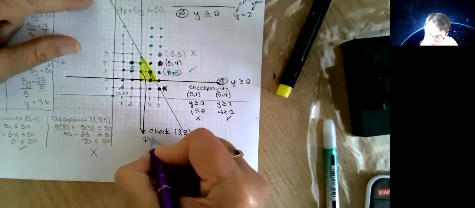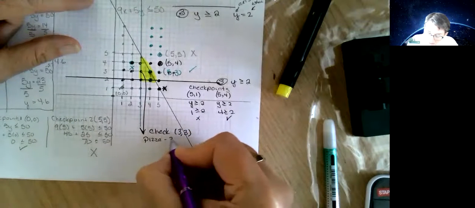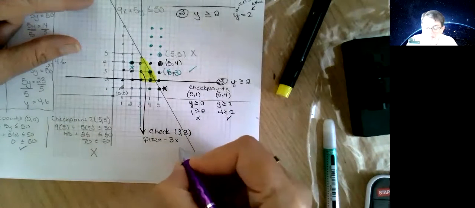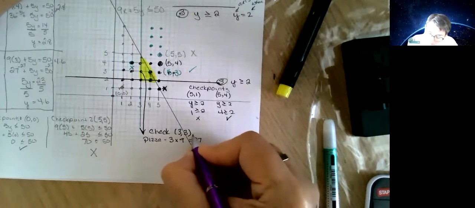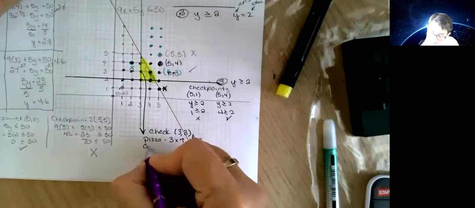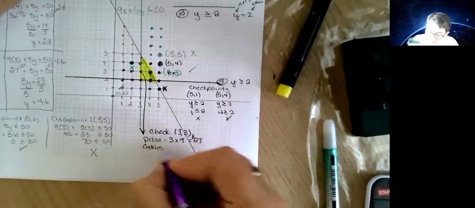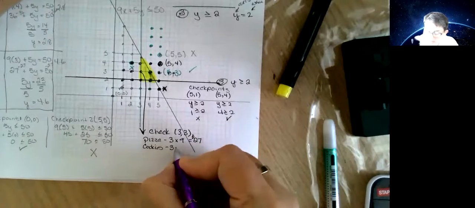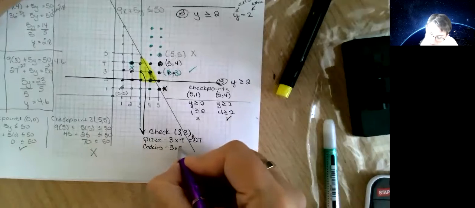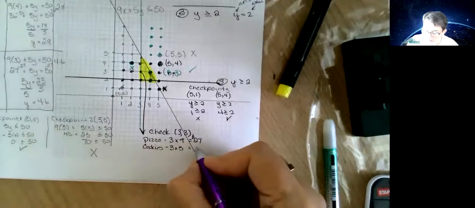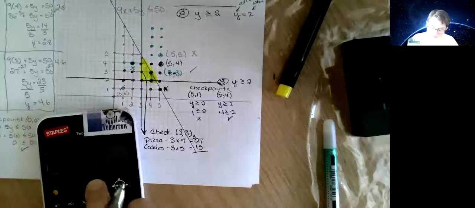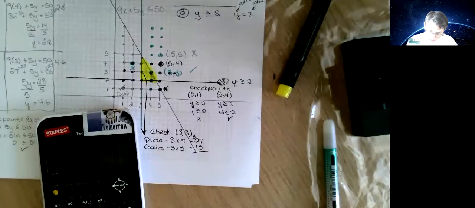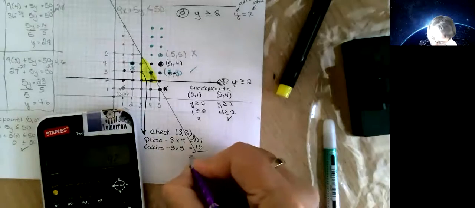So pizza, we got 3 of them, and each pizza was $9. And cookies, we're getting 3 pounds, and each pound of cookies was $5, and that's $15. 27 plus 15. All right, so that's $42.